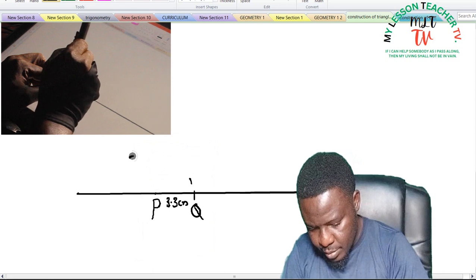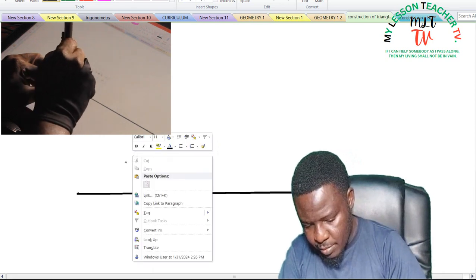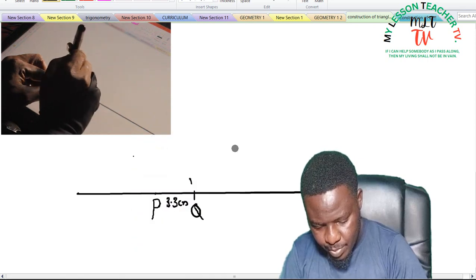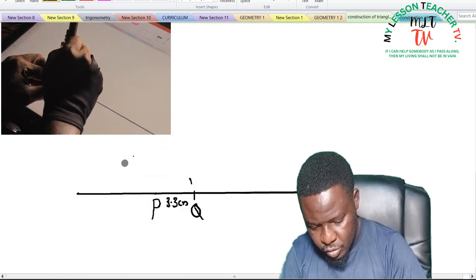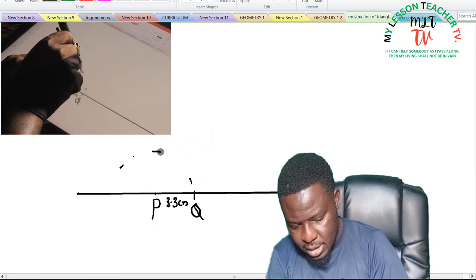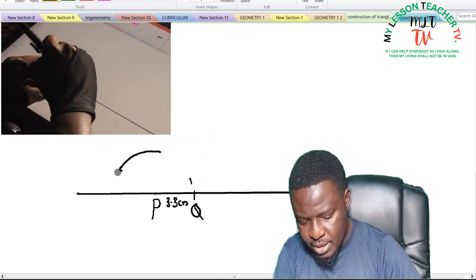Okay. Note my values may not be accurate as I'm trying to manage my compass.